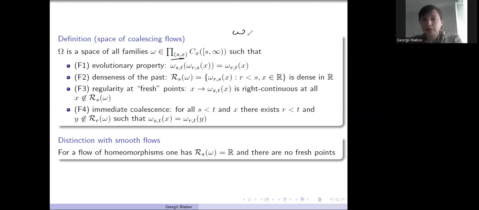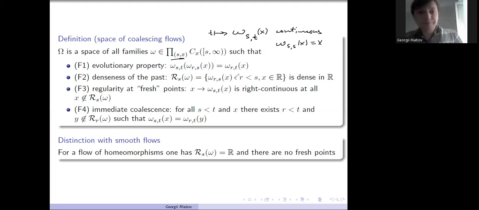These continuous functions are indexed by s and x, and for each s and x, we have a continuous function from s to infinity that starts at x.